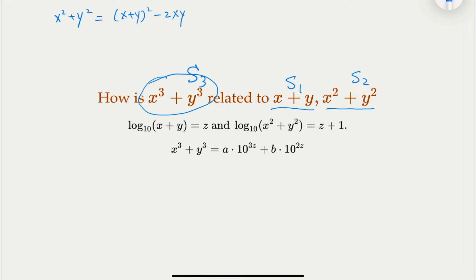Now, similarly, S3 is related to S2 and S1. So x cubed plus y cubed would equal x squared plus y squared times x plus y. This is the trick we use all the time. There's some extra cross term you have to subtract to make it equal, so you have to subtract x times y squared and y times x squared.